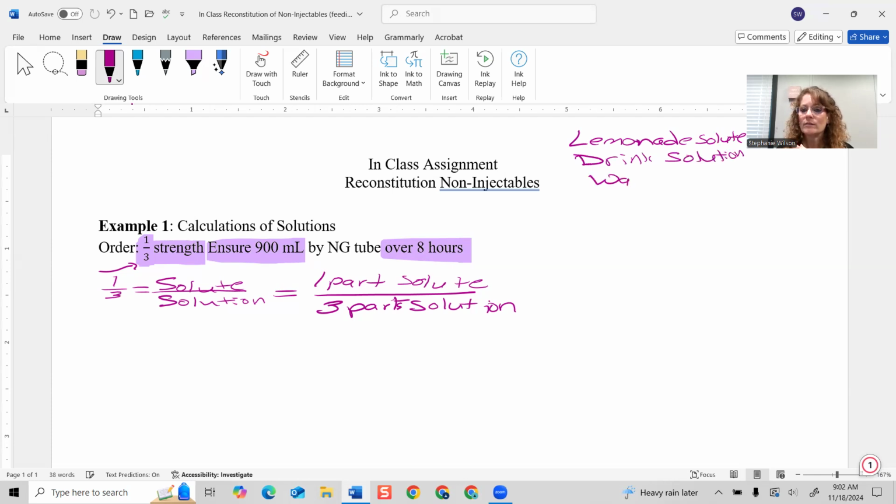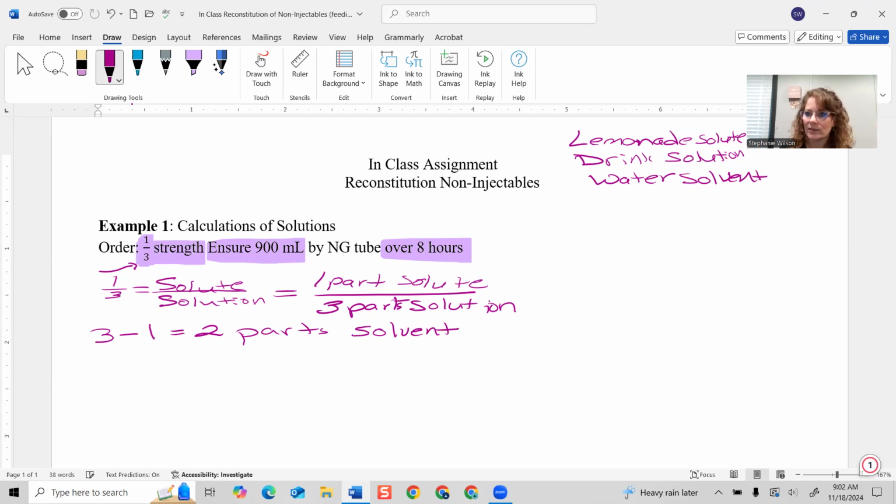My water that I mix with the lemonade is my solvent. So now we're talking about how strong it's going to be. This is going to be a weak drink, right? Well, we know that it's 3 parts solution. Well, how much solvent do we need? Well, we're going to take the denominator and subtract the numerator. In this case, we get 2 parts solvent.